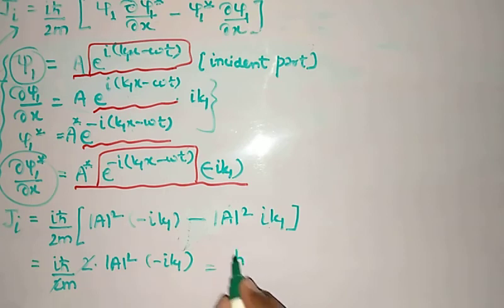What we have is h cut k1 mod A square by m. This is the incident current density. Now in the same way we will find Jr and Jt.